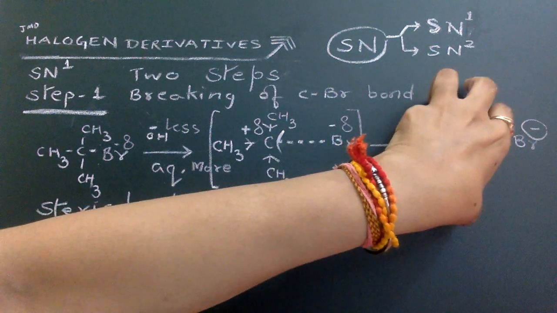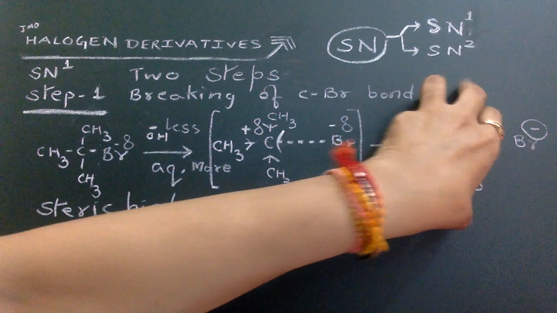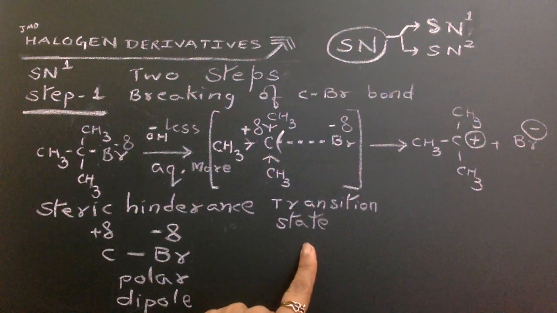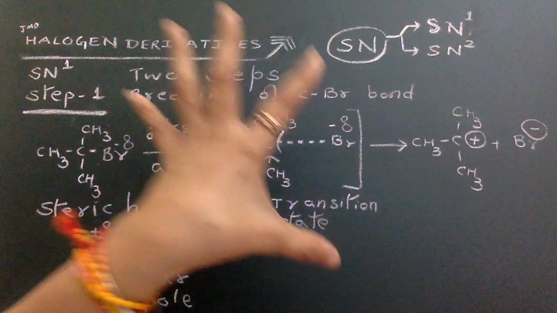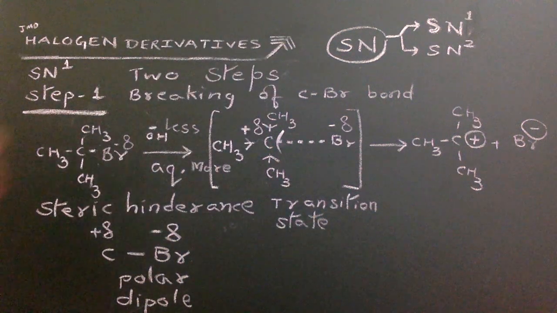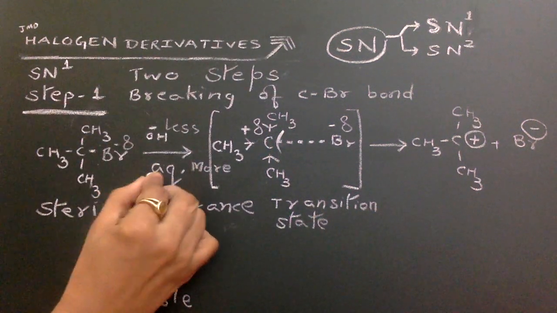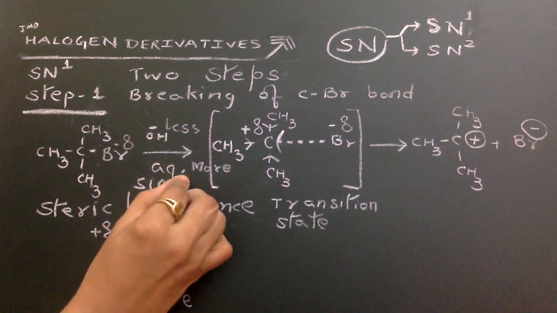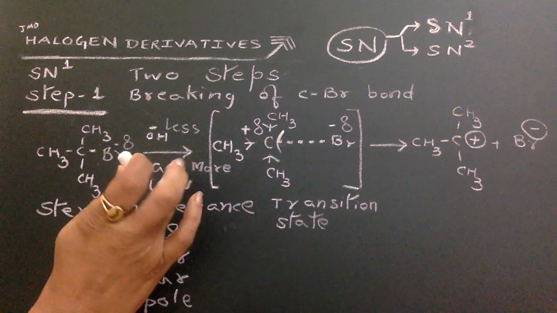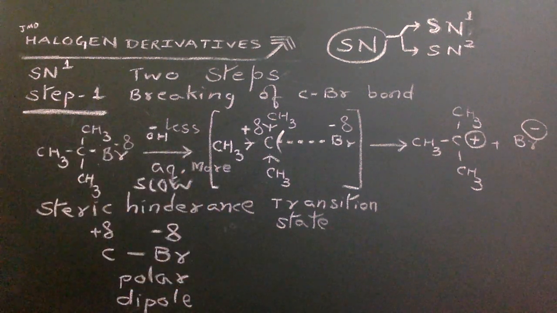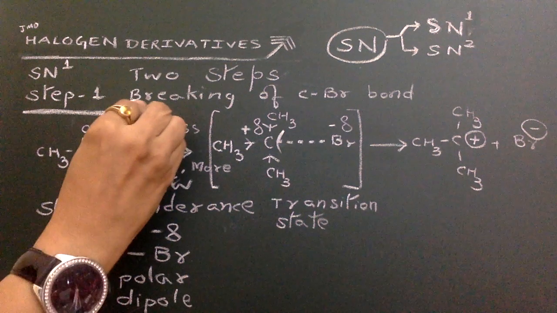Children, carbonium ion is comparatively more stable than the transition state. This step 1 is a slow step. It is a very slow step, and as you know, according to kinetics, the slow step is the rate determining step.